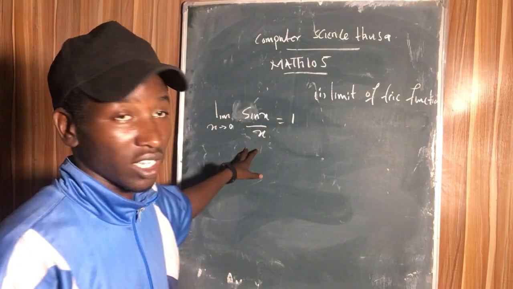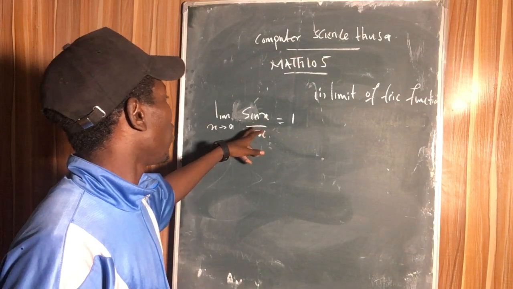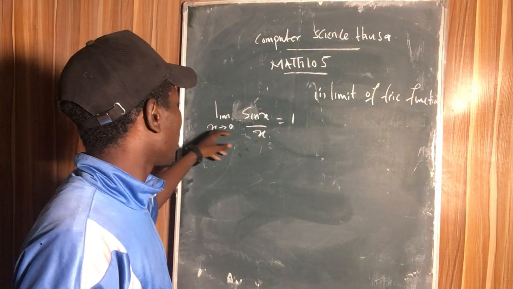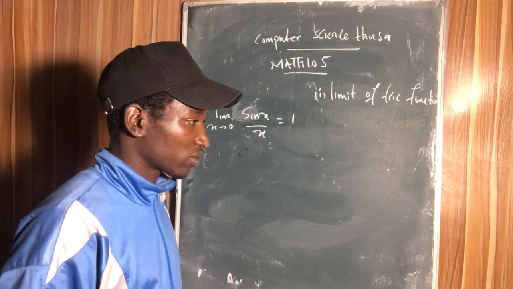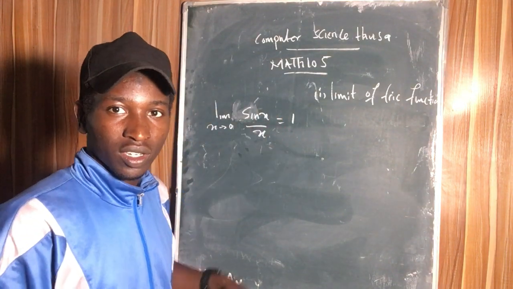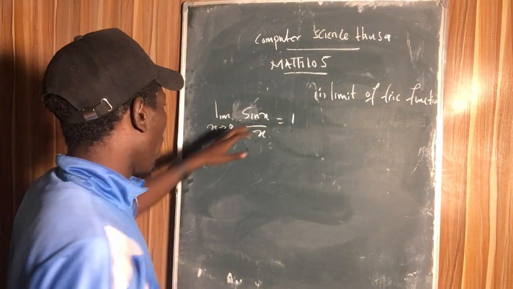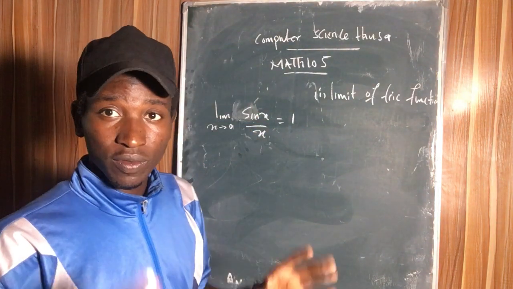That is the rule. If you have a limit of sine x all over x as x tends to 0, this is equal to 1. So no proof, we just take the rule. It's very important. We are not here to do the proof, right? But we are going to use this and evaluate some trig functions.